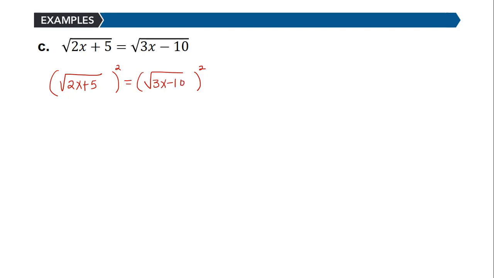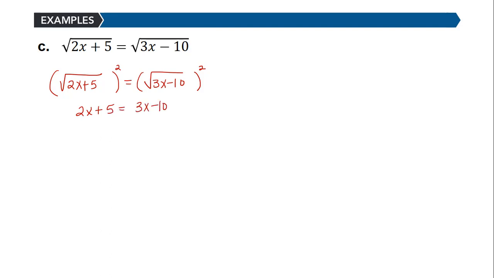So we square each side to get the square root of 2x plus 5 all squared is equal to the square root of 3x minus 10 all squared. Squaring the radical eliminates it, so we get the equation 2x plus 5 is equal to 3x minus 10.